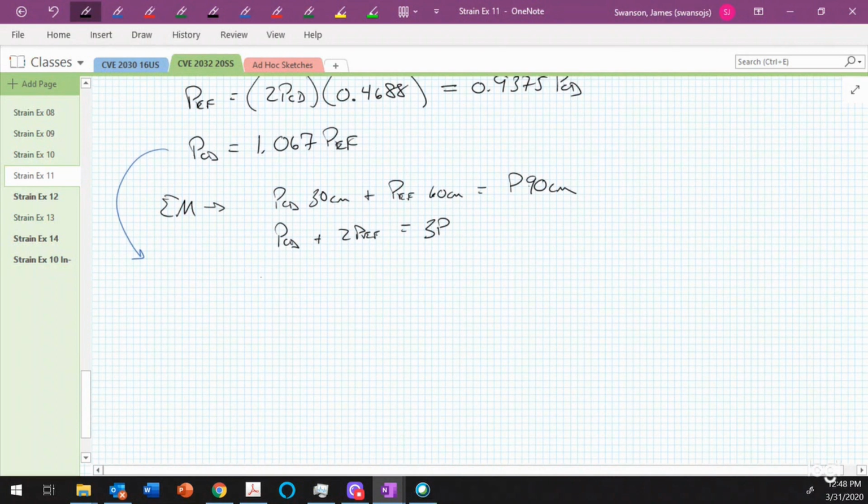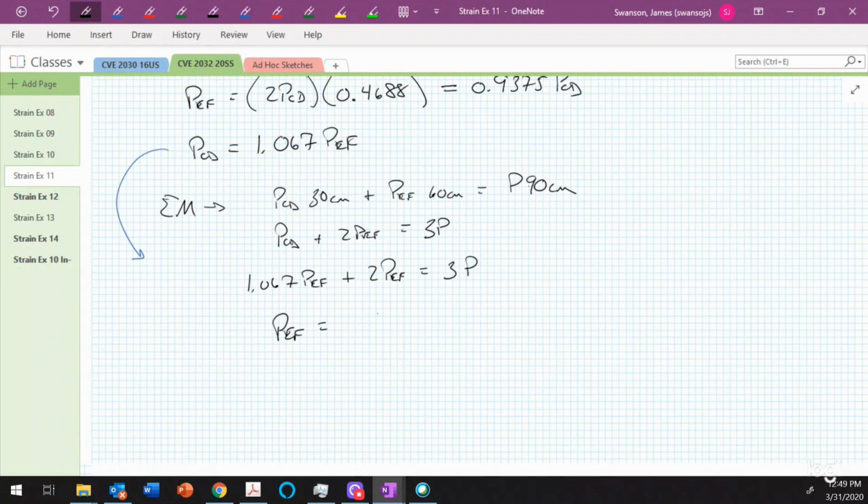And what we'll end up with then is 1.067 times P sub EF plus 2 times P sub EF is equal to 3 times P. And then finally we can add that together, and we get P sub EF is equal to 3 divided by 1.067 plus 2, which is equal to 0.9783 times P.